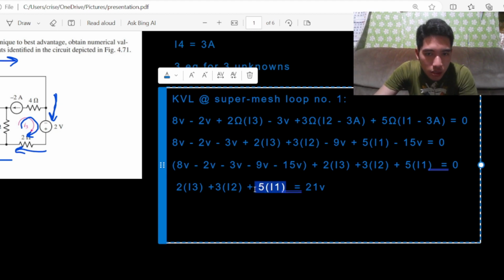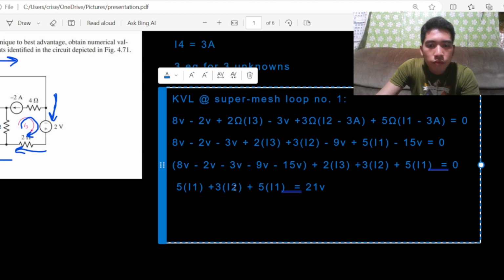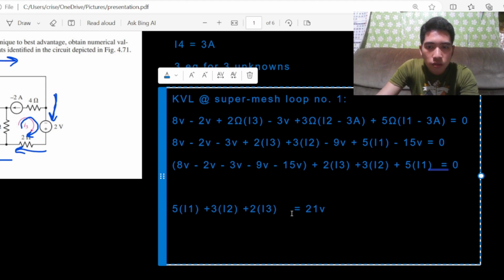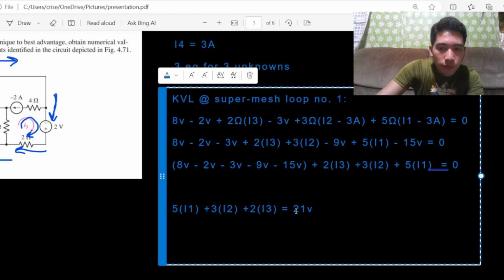We'll also arrange this. So this is our final equation. I will write this as equation number 1.